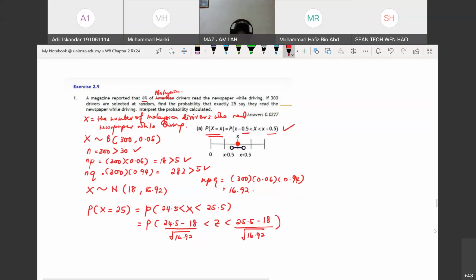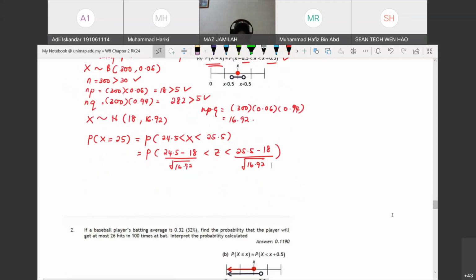So if you solve that, this would be Z between 1.58 and 1.82.